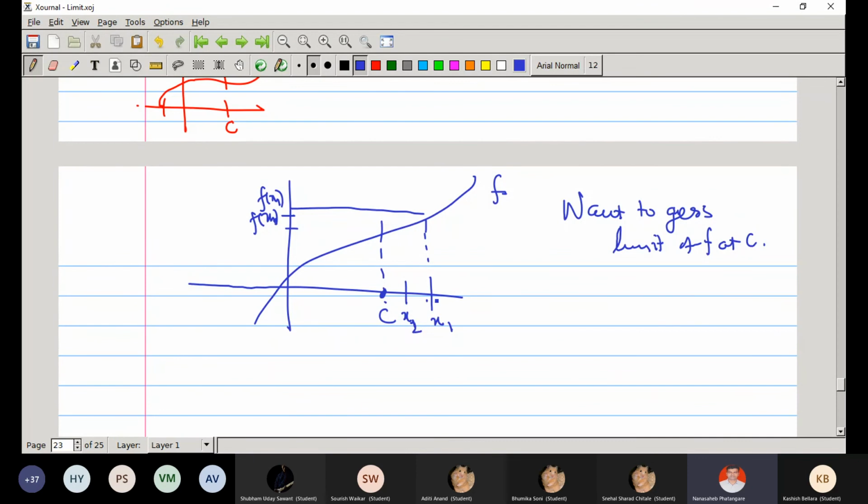That means on the domain I walk towards c. I keep on jumping towards c: in the first step I am at x1, in the second step at x2, in the third step at x3, then I will see where my shadow is tending.